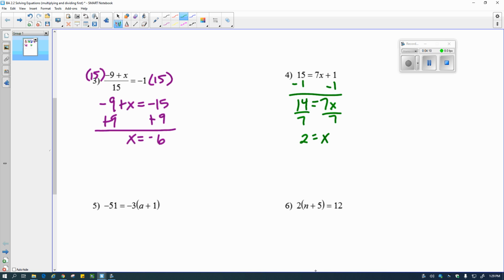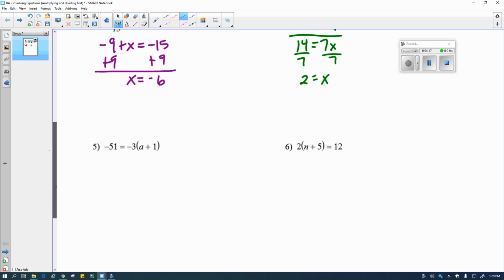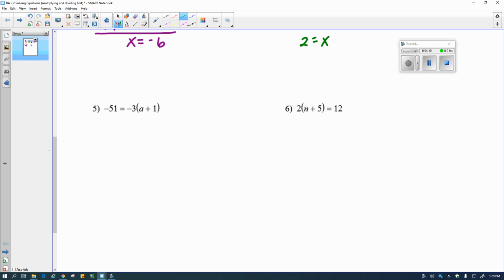But when I look at problem number 5, there's just a subtle difference that we have to be aware of. On problem number 5, that subtle difference is, again, a grouping symbol, those parentheses. And so in order to solve this, I'm going to want to get rid of that negative 3 first. Divide that out. So negative 51 divided by negative 3 is 17.